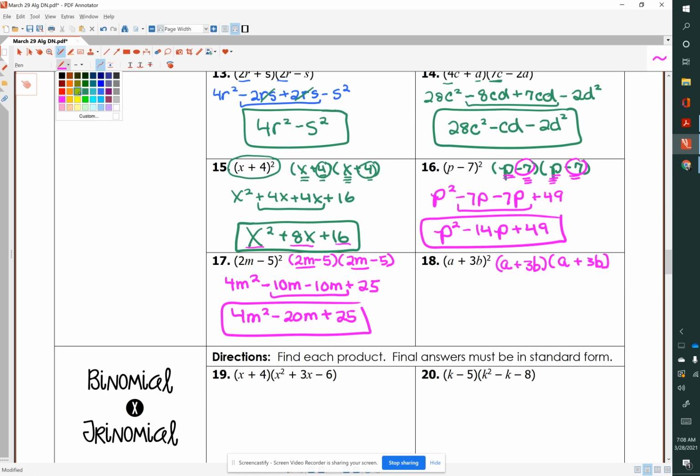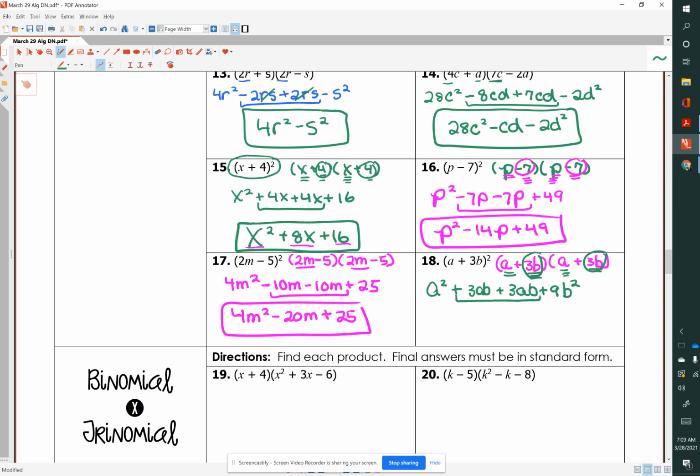So we'll start with those first terms, a times a, which is a squared, and outer, a times 3b is positive 3ab, and inner, 3b times a is another positive 3ab, and then 3b times 3b, they're both positive, is a positive 9b squared.